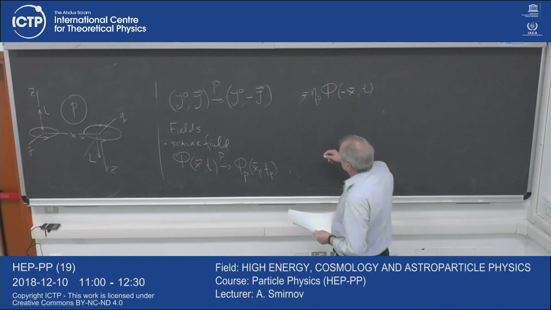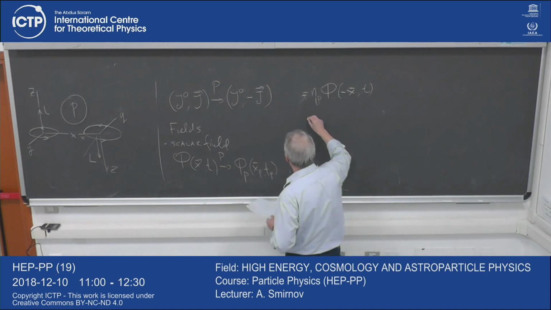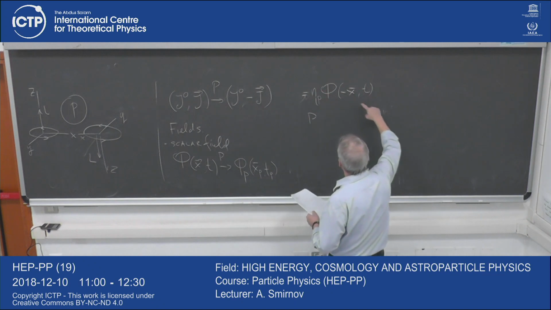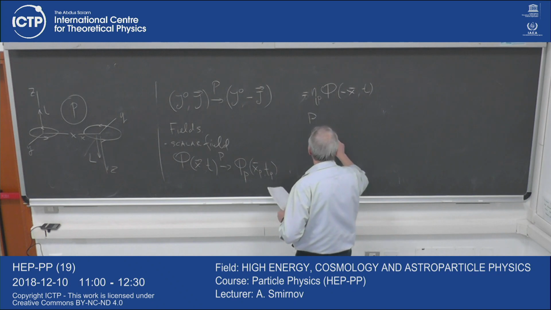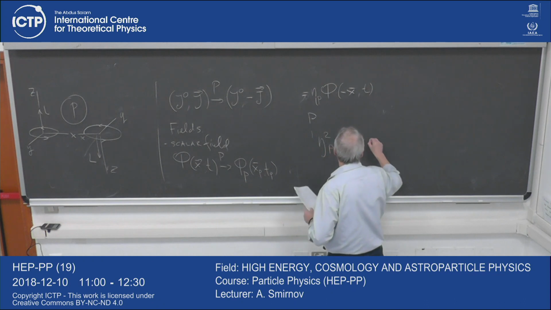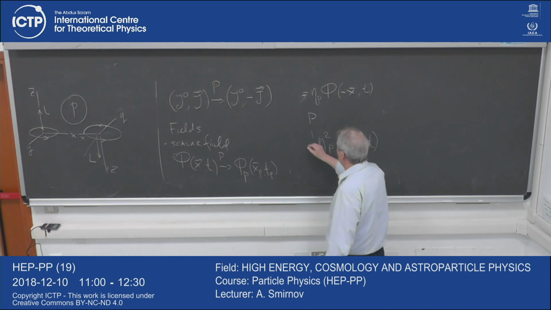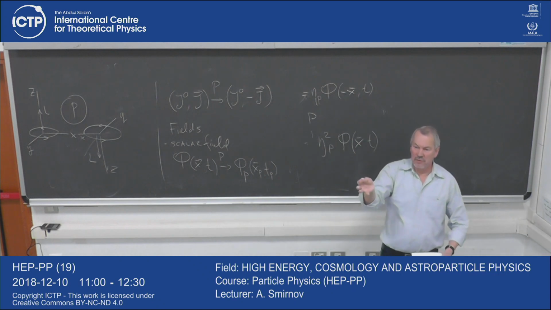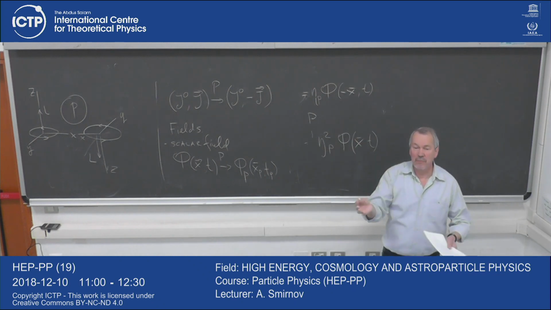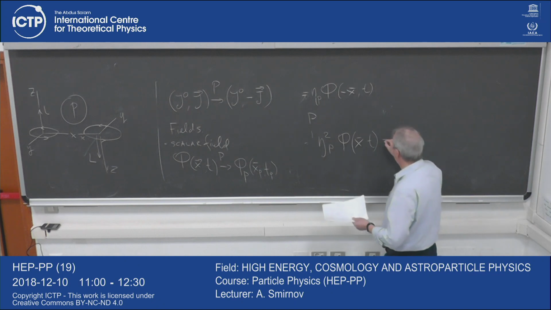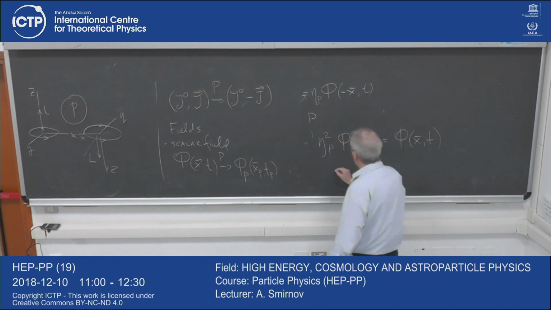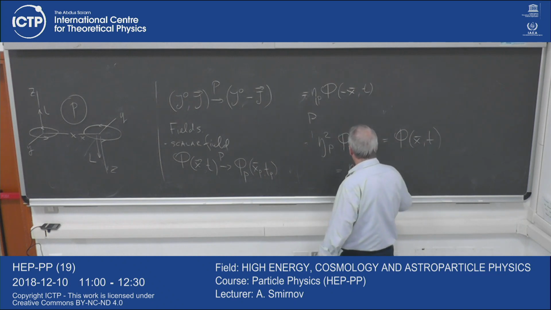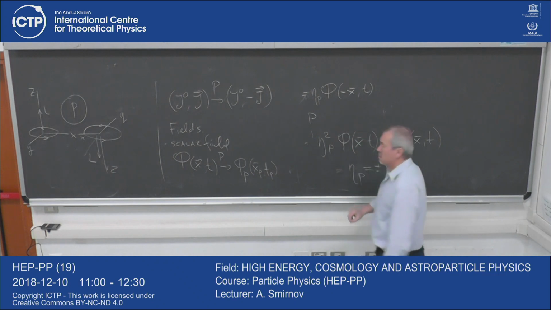So if we apply P transformation twice, then what I get is eta_P squared f of x, t. And if I do the transformation twice, inversion once and again, I should come to the same state. So that should be f of x, t, which means that eta_P is plus or minus 1.